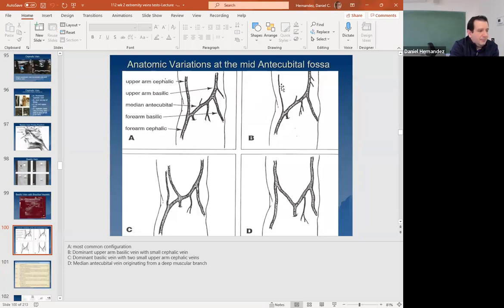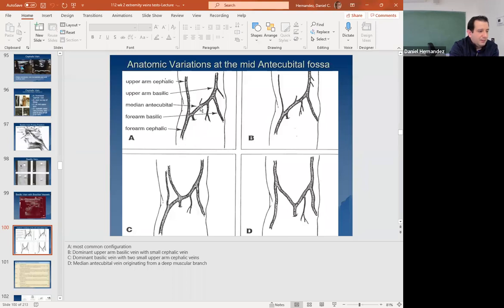We can have some anatomic variations of the median antecubital vein. We said this median antecubital vein is a connection between the cephalic and the basilic veins. The cephalic runs down the outside of the upper arm, through the antecubital fossa, and continues down the forearm.